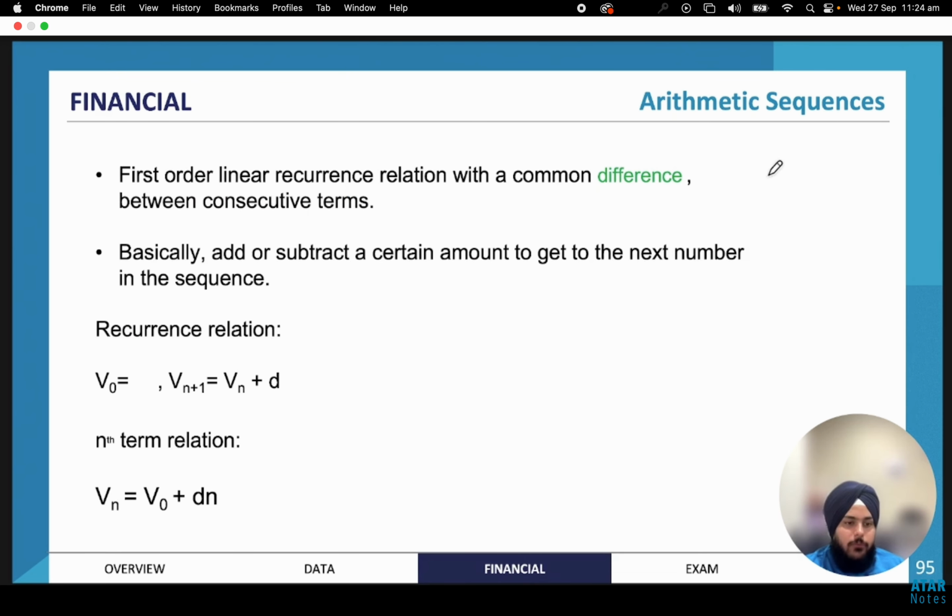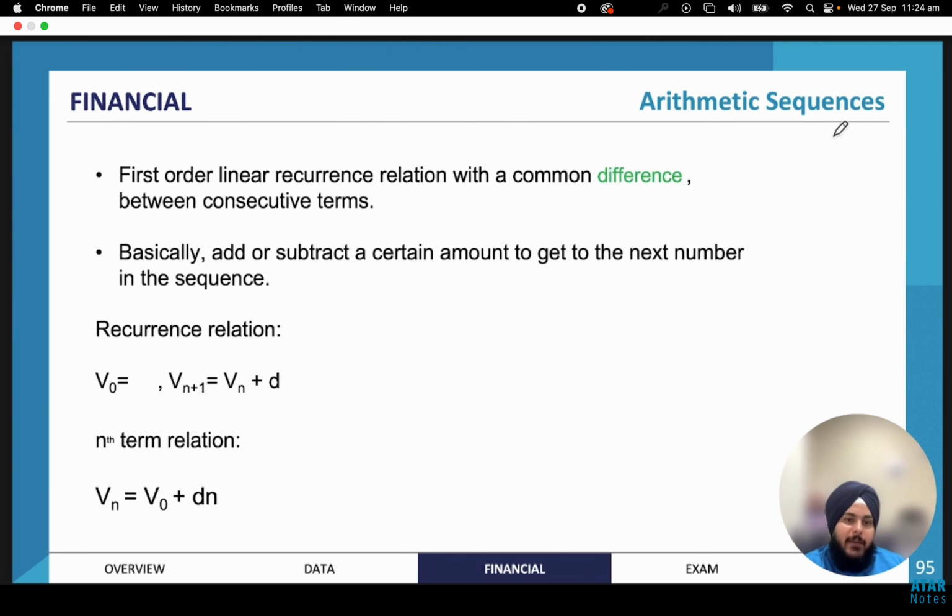Okay, so we've looked at what recurrence relationships are, but recurrence relationships can essentially represent two different types of sequences. They can either be used to represent arithmetic sequences, or they can be used to represent geometric sequences. Arithmetic sequences are basically when we have a sequence where the values are being added by the same amount each time.